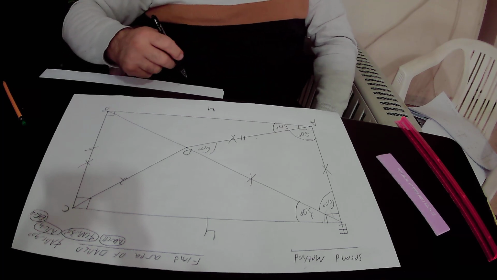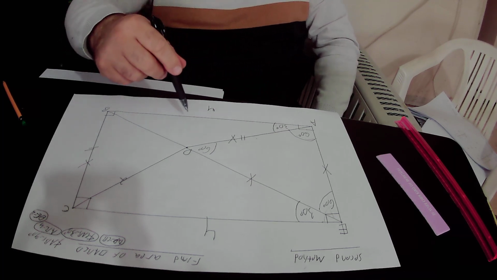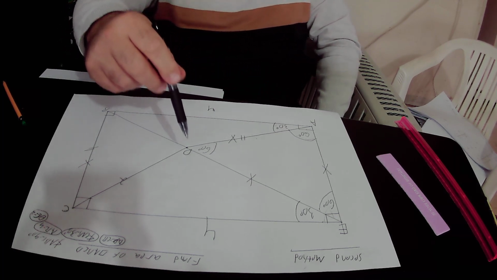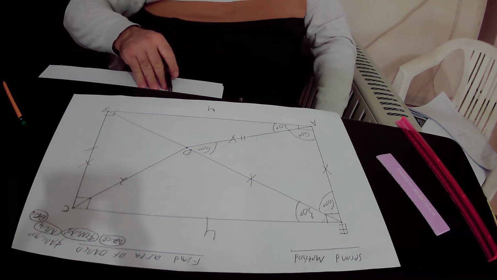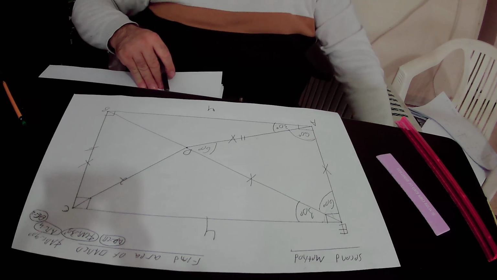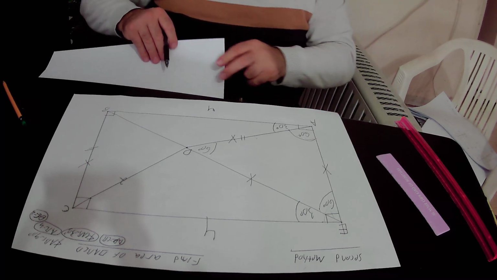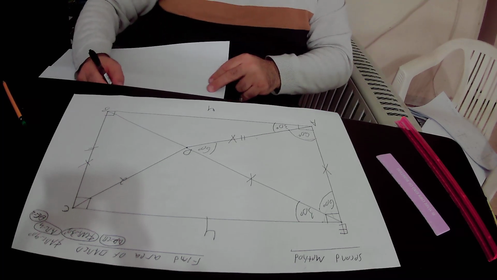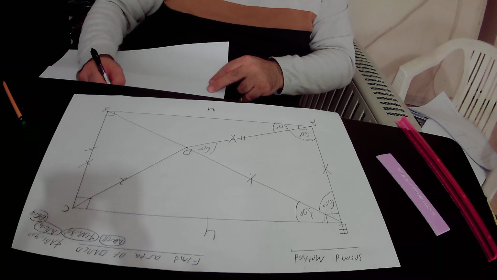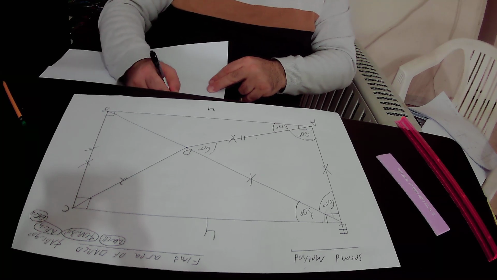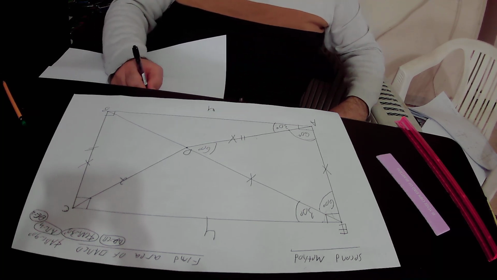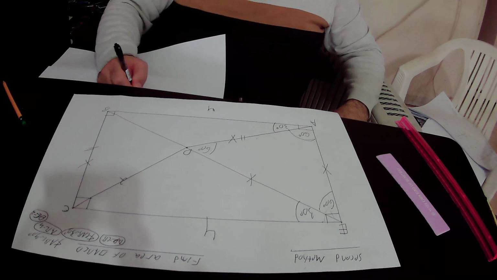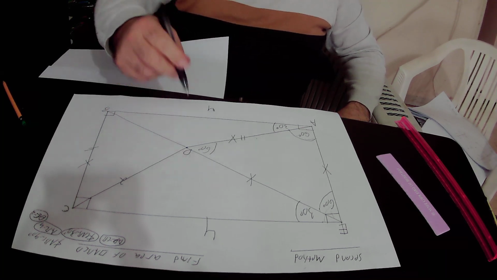In the next step, we will prove that triangle ADB is congruent to triangle EDC. I write it down. We will prove that triangle ADB, this triangle, is congruent to triangle EDC, this triangle.